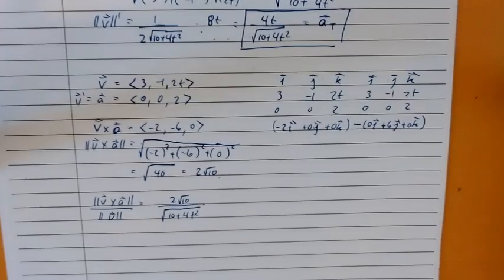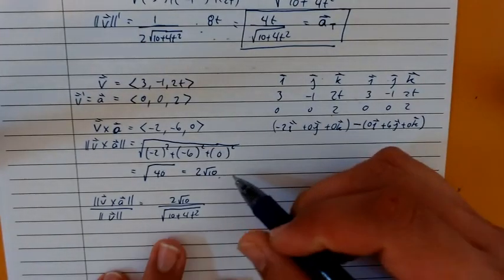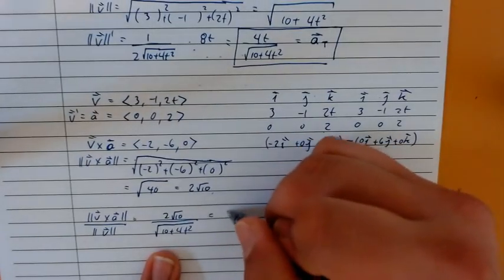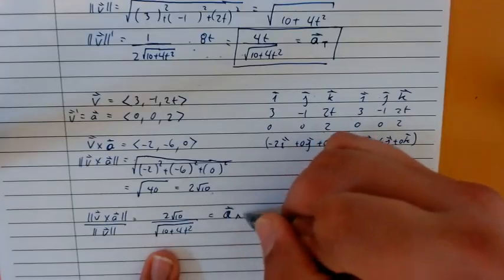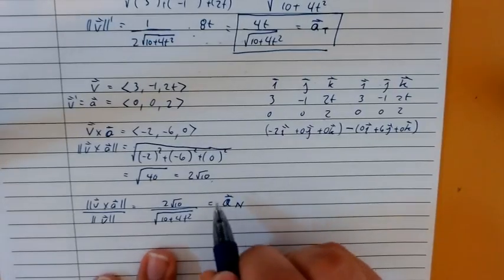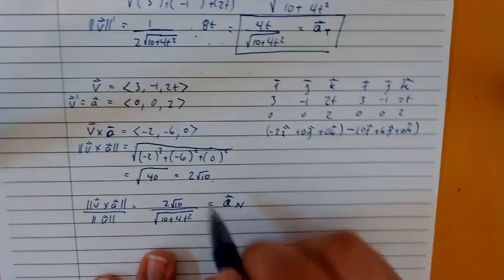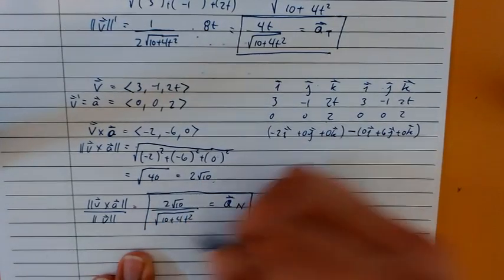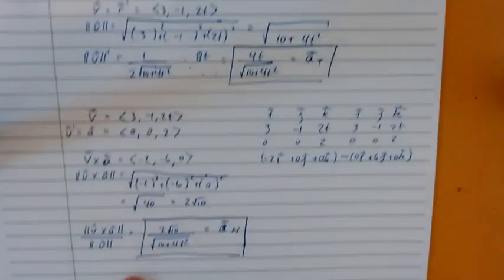Like that. And so that gives us our normal component of acceleration. This is the part of the acceleration that's going toward the normal vector. And those are our results.